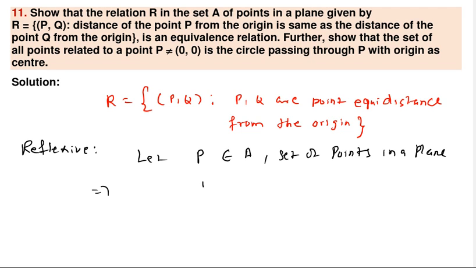Then P, P are always equidistant from the origin, so belongs to R, since OP equals OP: the distance of the first point from the origin is OP, and the distance of the image from the origin is OP. This is the reason. Okay, it is reflexive.